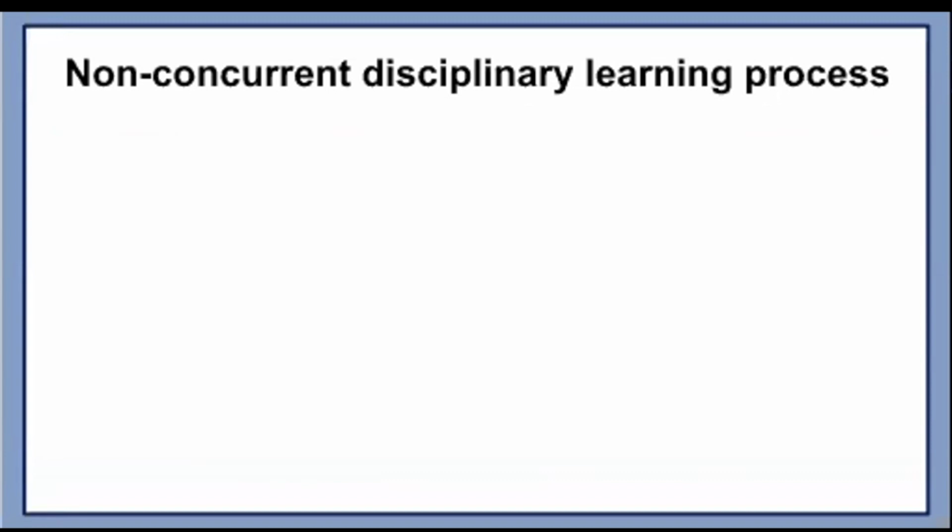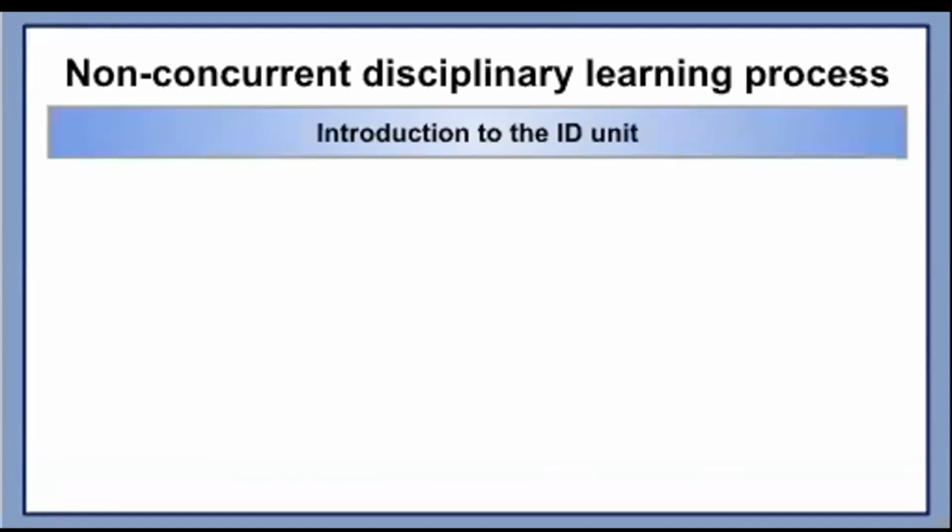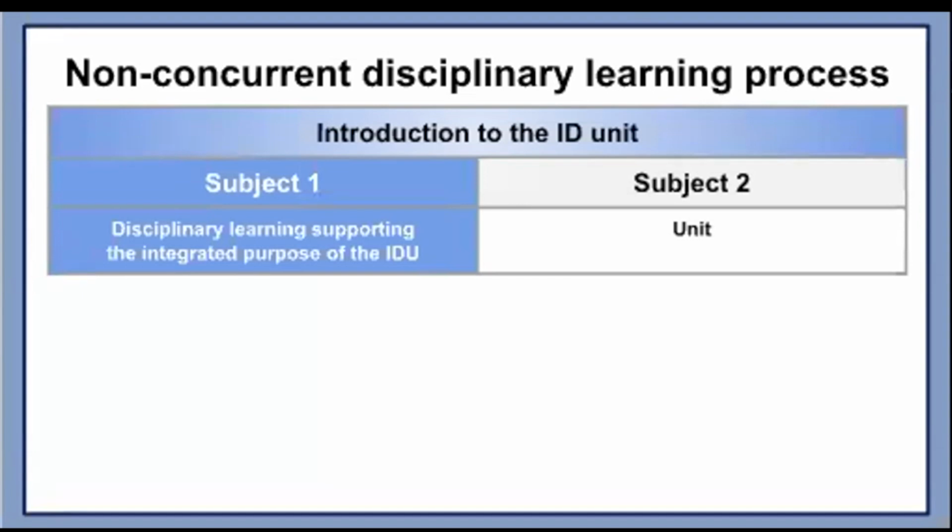So in these cases, there might be an introduction to the interdisciplinary unit, hopefully involving both subjects just for a brief period, but it might be introduced by just one of the courses if, and this is a big if, that teacher has a very clear understanding of the contributions of the other subject. Then the subject who's able to fit it into their schedule first would have its disciplinary learning, while the other subject is involved in some other unit that's not related to the IDU.